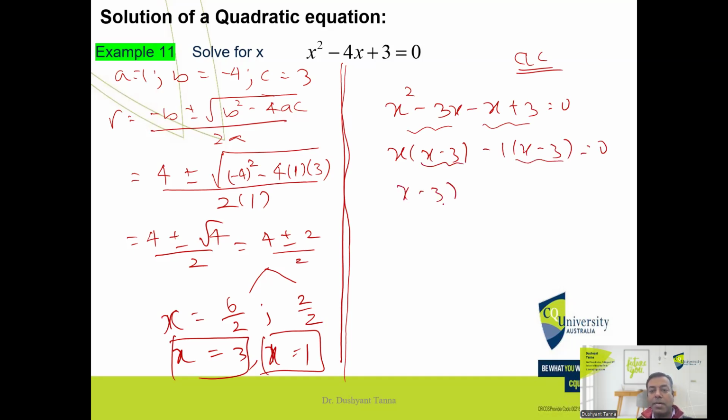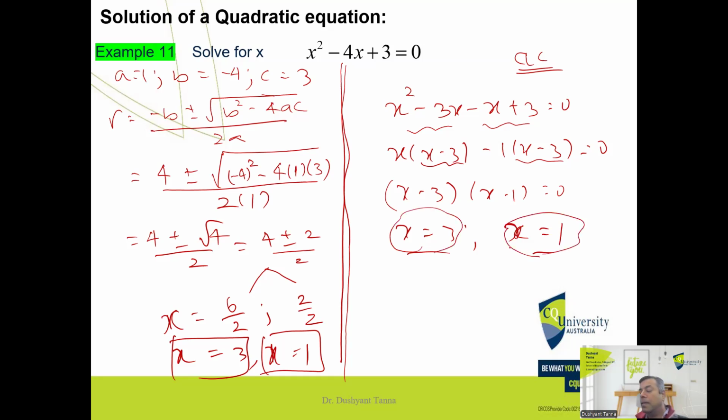Take x minus 3 outside. Left is x minus 1. Either x is 3 or x is 1. How good is that? Two methods, correct answer. That means the methods are correct. Okay, we'll do one more question and then a quick 5 minutes break.